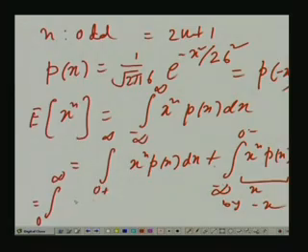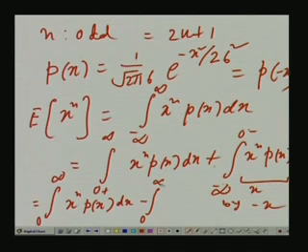So, you have got again a 0 to infinity, with the sign reversed, and they cancel and you get 0.